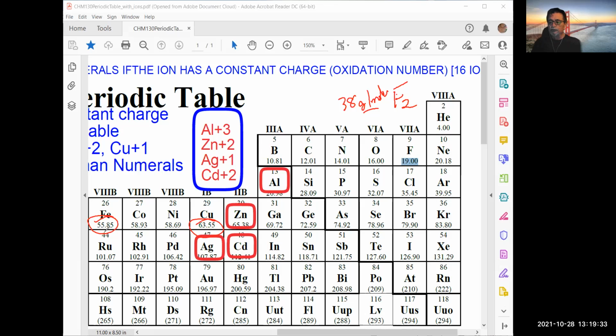If I were to weigh out 2 grams of helium, can anybody tell me how many moles of helium I would have?